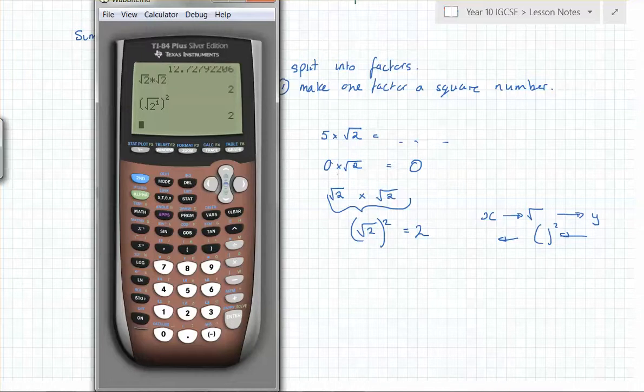Okay? So just to check, if I have the square root of 8 and I square it, what's the answer? What do you reckon?